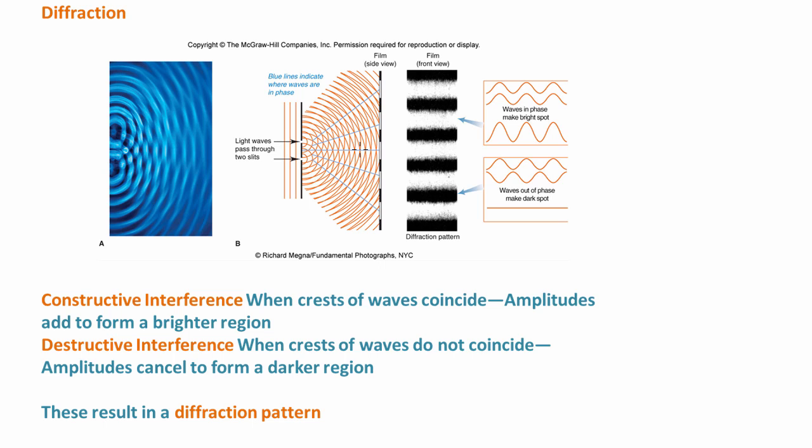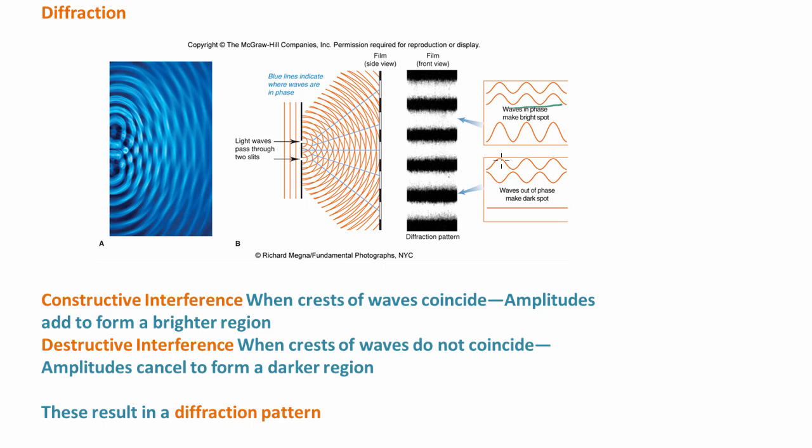As the waves spread out when they encounter these small slits, if the light waves are in phase, like up here, they add to one another and cause a bright spot on this film.